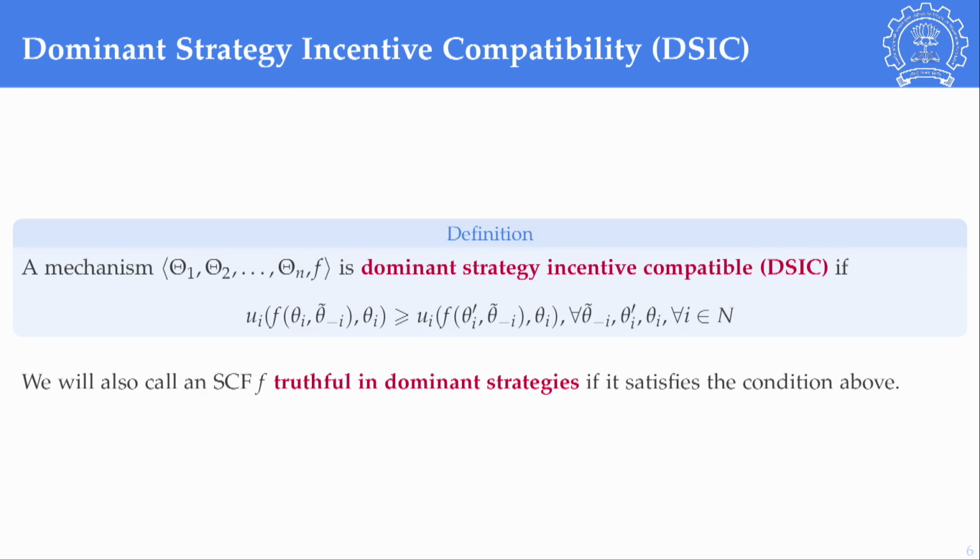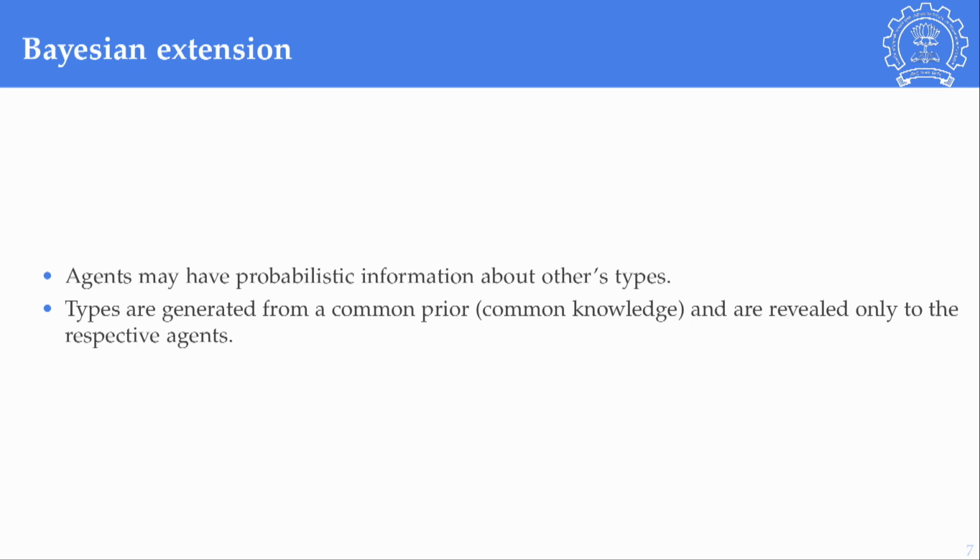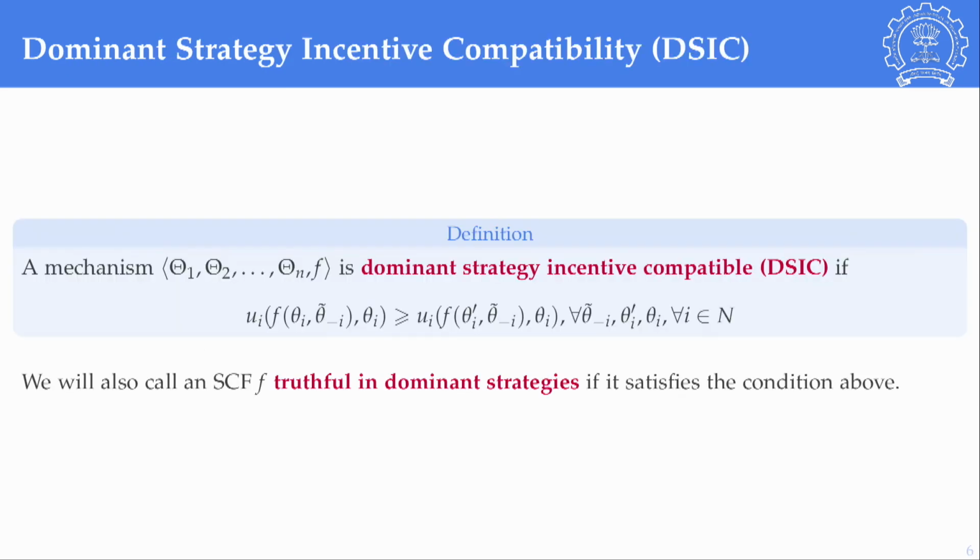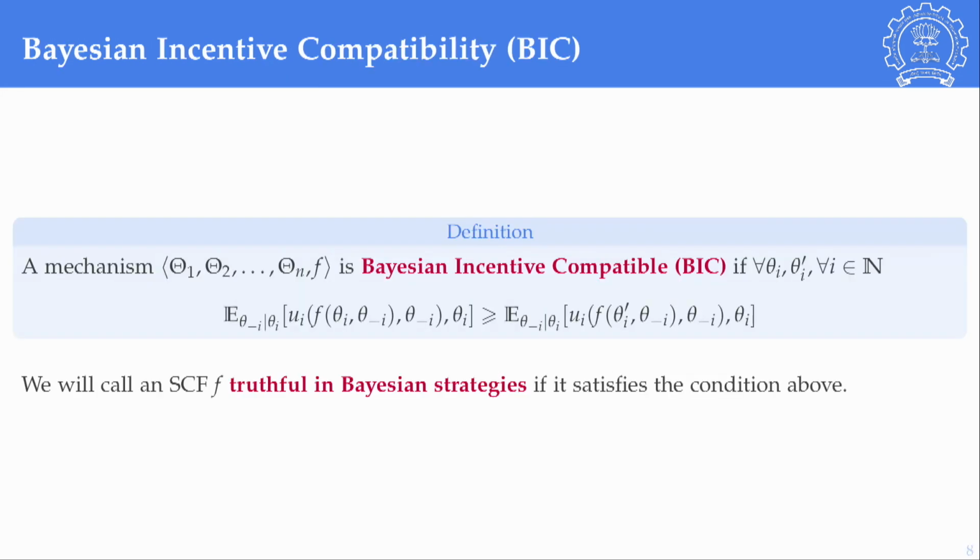So, this is the dominant strategy version, and I just want to give a kind of Bayesian extension, so you can see the difference. Here what we are ensuring is that it will be true for every theta minus i tilde, but someone has pointed this out: what if you have some information about the other agents? So, you can propose something slightly weaker.